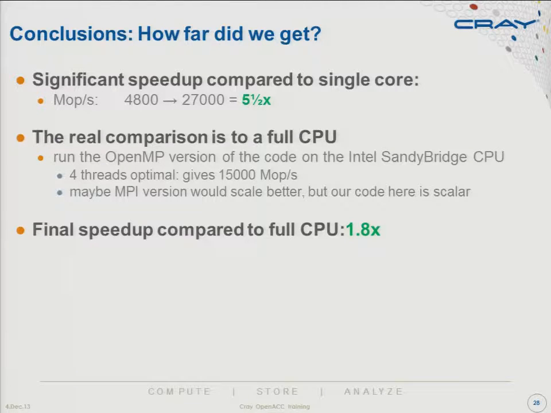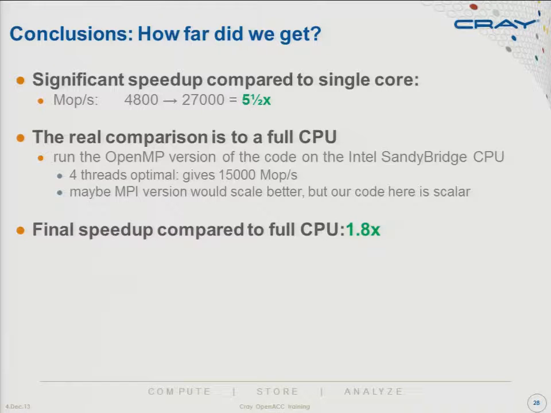I'm prepared to do OpenMP directives like I've done OpenACC, but putting the MPI in and all the halo exchange is a bigger job. So I can do better on the CPU, but if I just OpenMP it, the best I could get was about 15,000 compared to 27,000 on the GPU. So the final speed up was about 1.8. So the GPU is definitely faster.